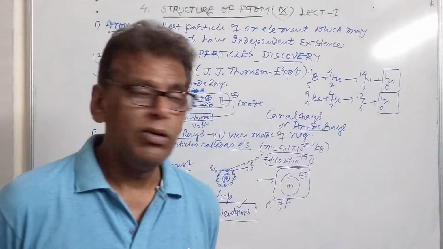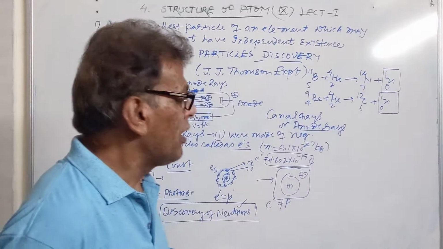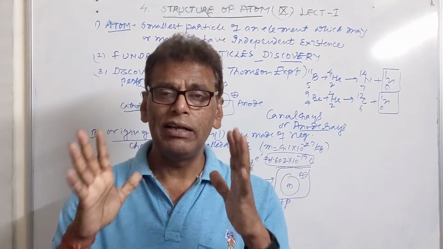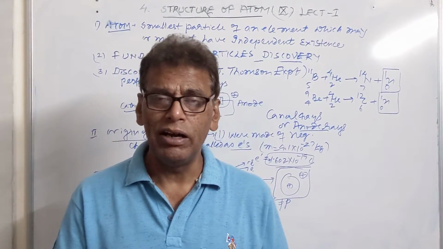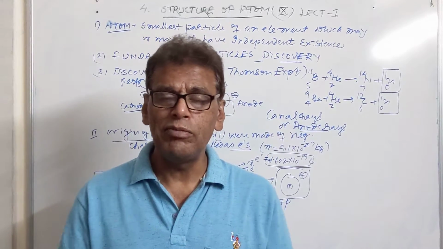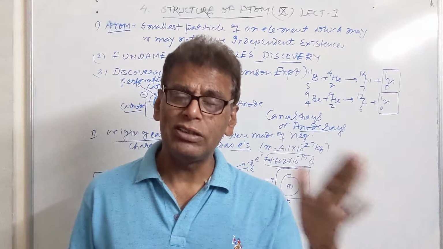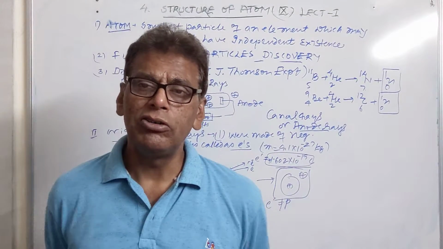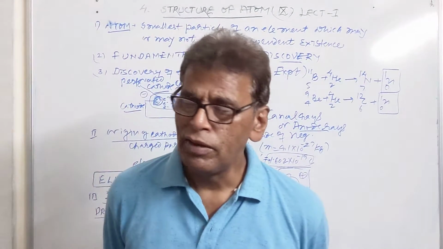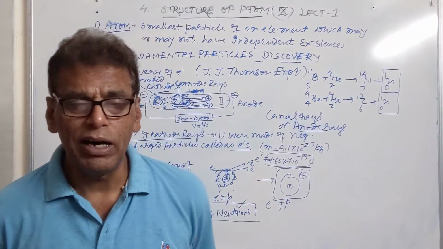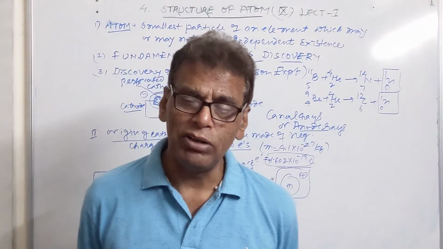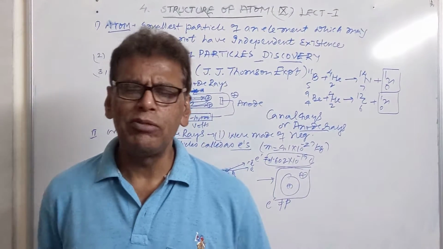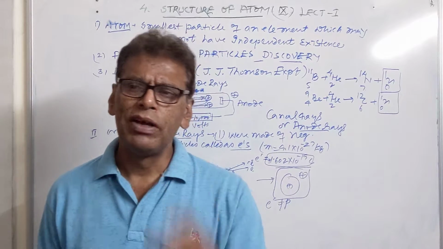Now we know Rutherford performed another experiment that is called the scattering experiment. He bombarded a thin gold foil with alpha particles and observed that 99% of the alpha particles passed straight through the gold foil. Only one particle out of 20,000 particles showed deflection, and it got deflected back along the same path at which it was incident on the gold foil, and very few particles showed some deflections from the center of the atom.